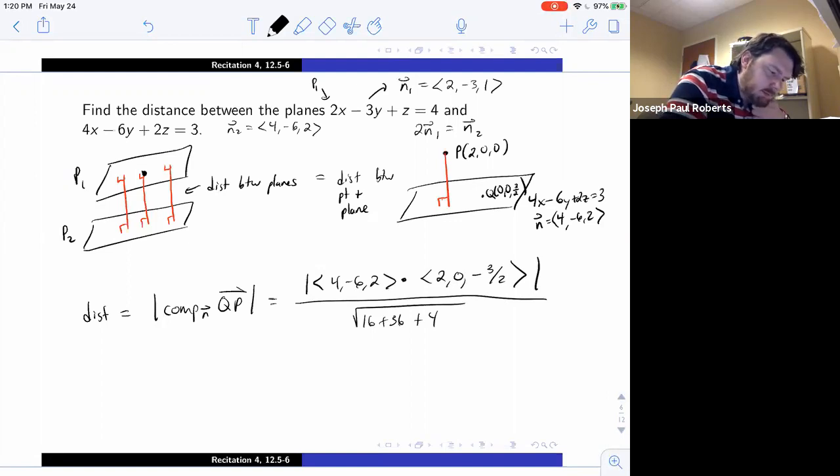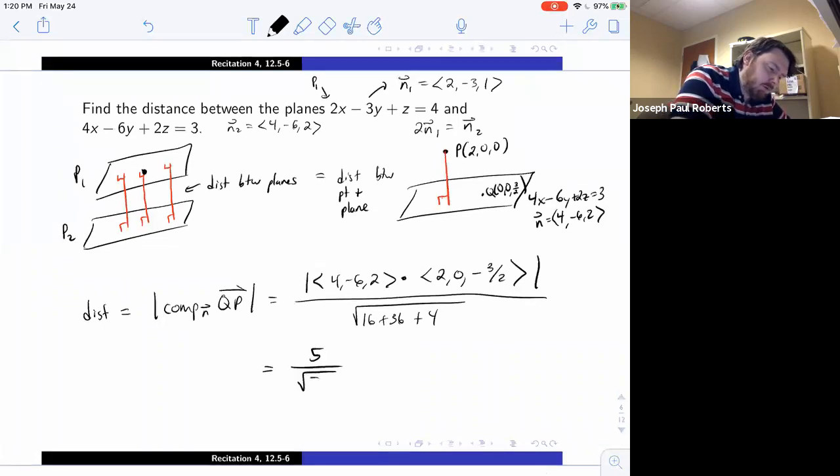Whatever that ends up being. So 8 minus 0 minus 3 is 5 over square root of 56.